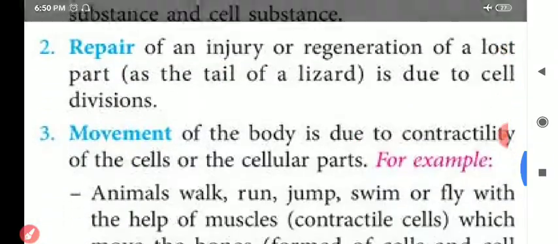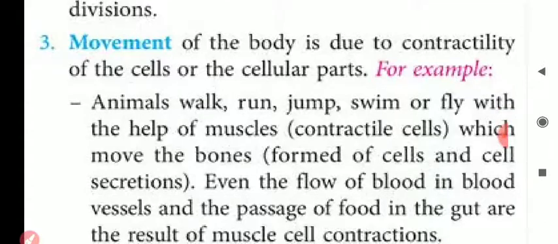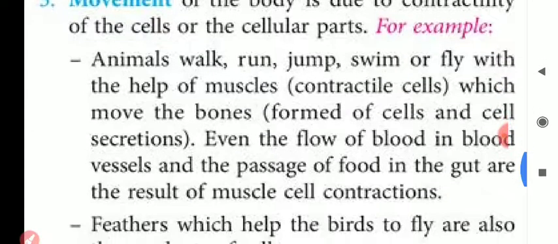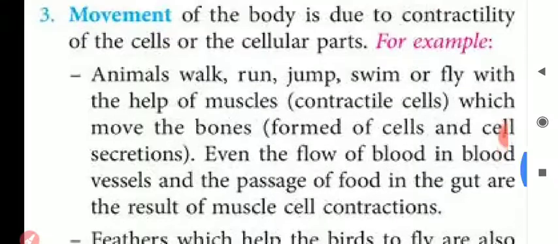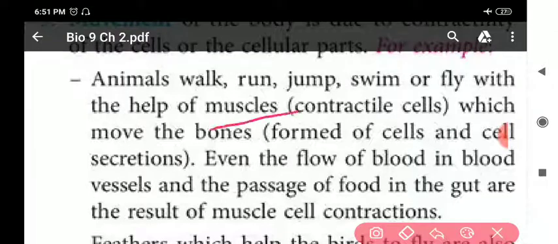Next, my dear students, for movement several muscles are required, and those muscles are made up of cells. You can see in animals there are muscles, contractile cells which help in movement.